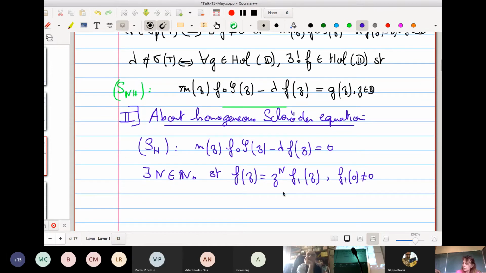Once we have done that, we replace in this equation, and we get m times F1 composed with phi, phi to the N, equal to lambda z to the N F1.